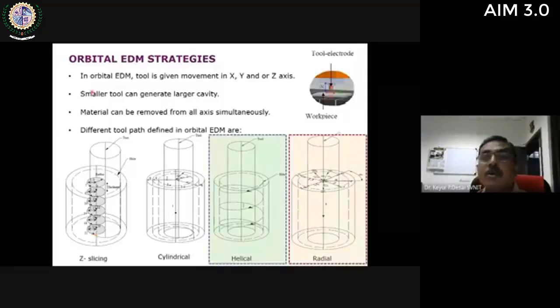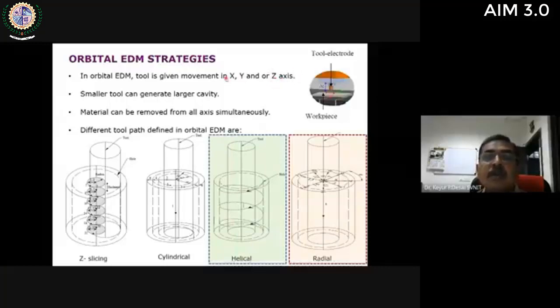If you want a tool to orbit in a particular fashion at a particular radius of orbiting, the tool is given motion in X, Y, and Z axis. Normally, in conventional die sinking, we have movement only in the Z axis.